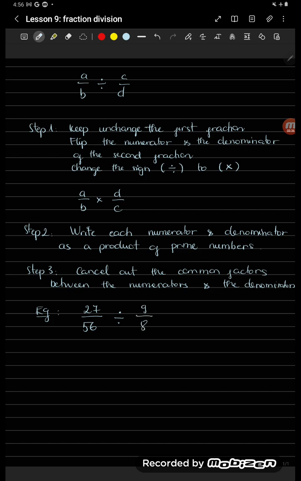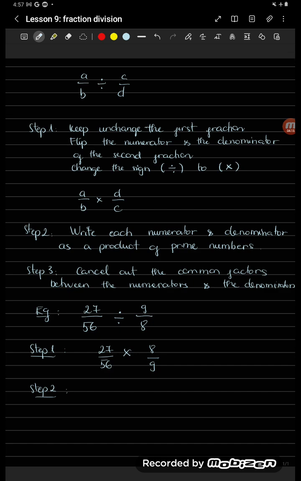Okay, so we'll try to do this division, and we follow exactly the same as above. So step 1, keep unchanged the first fraction, flip the top and the bottom part of the second fraction, and then change the sign from division to multiplication. Yeah, so step 1 is easy. Step 2, now it's just a multiplication, so we just follow exactly the way we learned in lesson 8.